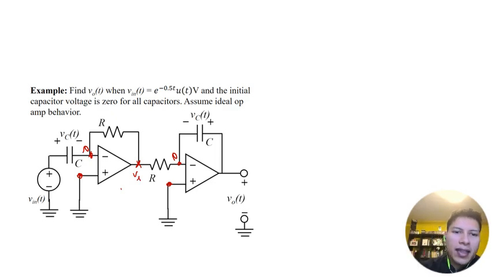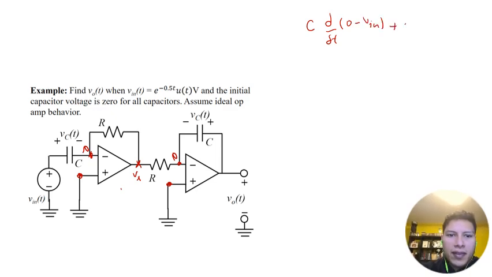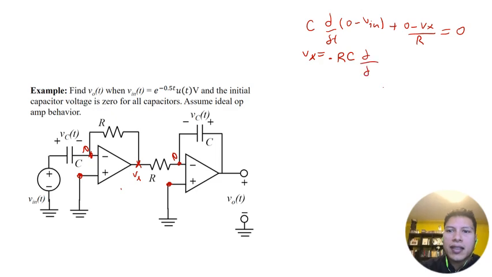So what I'm going to get is C d/dt of (0 minus Vn) plus (0 minus Vx) divided by R has to equal 0. And what that means is that Vx is equal to R times C times negative d/dt of Vn. I just factored out the negative value. Okay, so that's what Vx is.